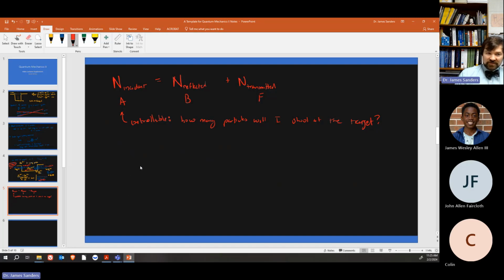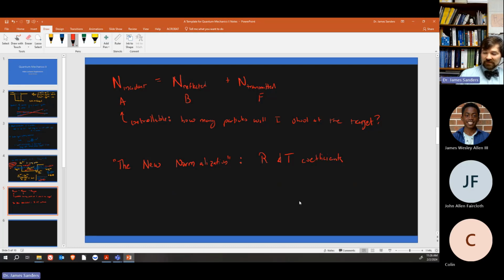So this brings us to what I would like to call the new normalization. Or maybe I should say the new normalization. And this is what we call R and T coefficients.